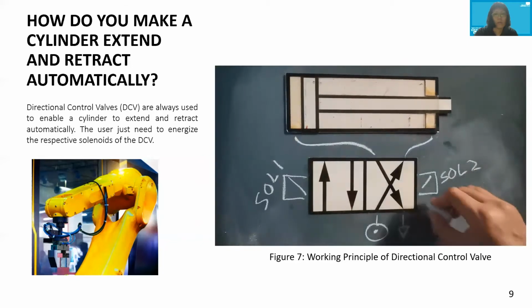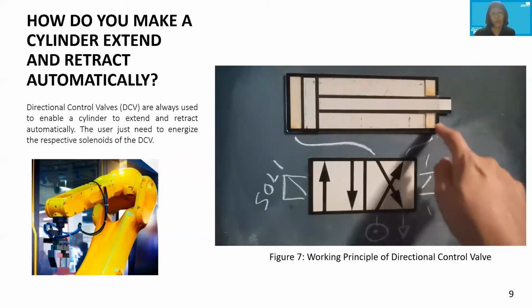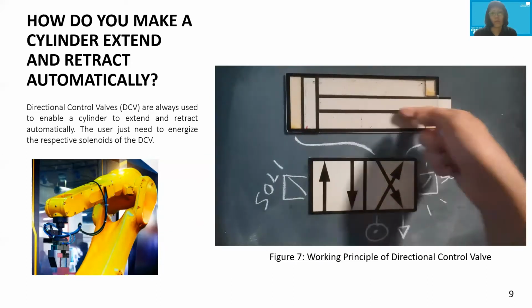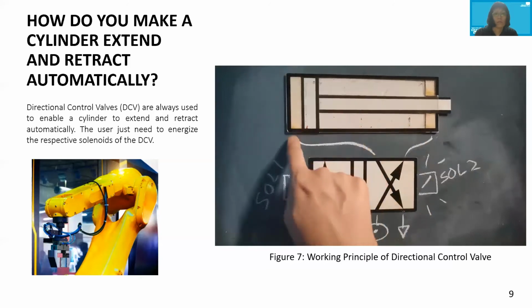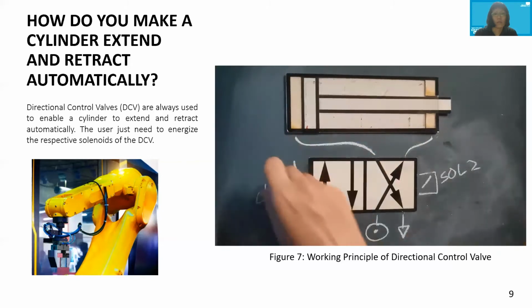So now when I energize solenoid 2, you will activate this checkbox because this checkbox is closest to solenoid 2. So the air from the air supply will pass through this DCV and go to the rod side of the cylinder, causing the cylinder to retract, and the air will then come out from here to the exhaust of the DCV. Next, to make it extend, I will first need to de-energize solenoid 2 and energize solenoid 1.